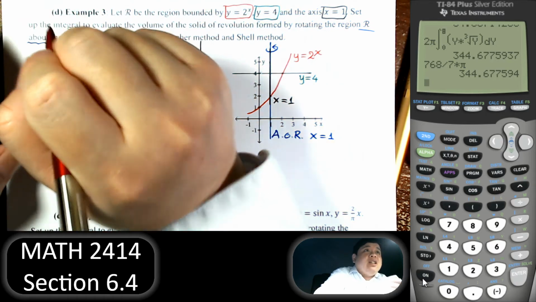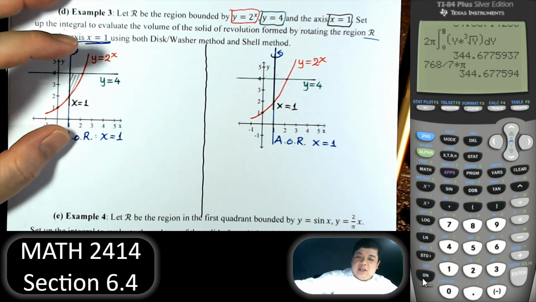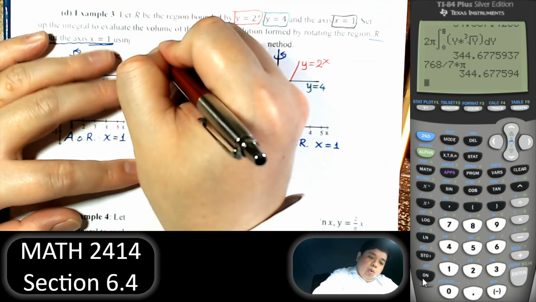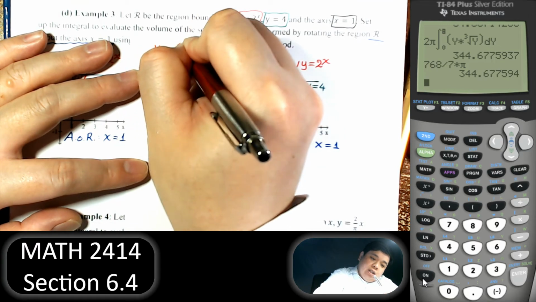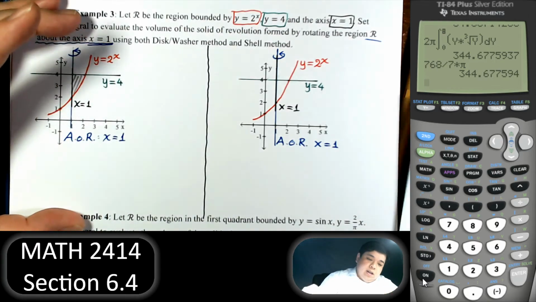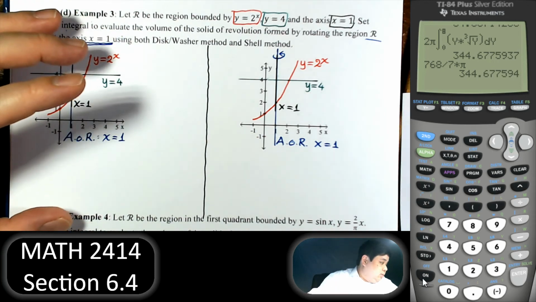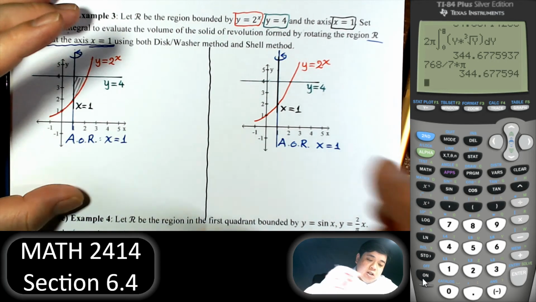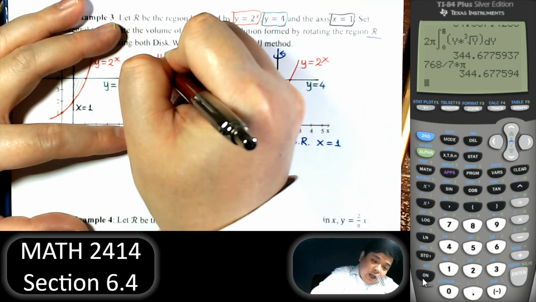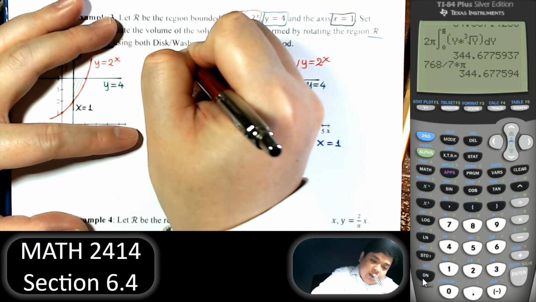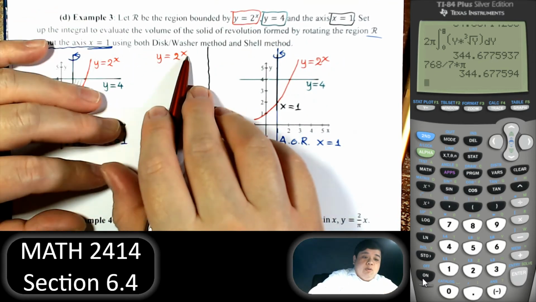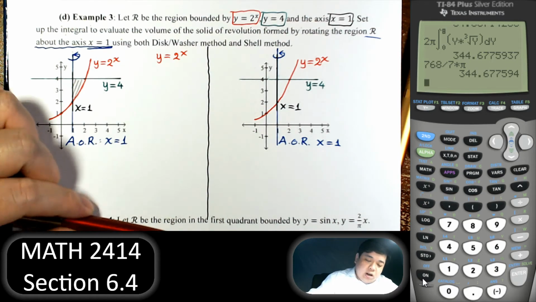So y equal to 2 to the x. How do we write that as x equal to? So let's see. y equal to 2 to the x. If we want to solve for the exponent, we take ln on both sides.